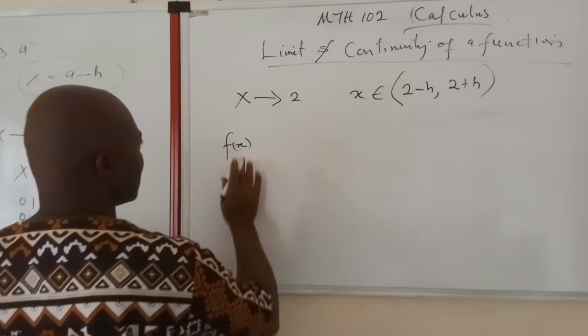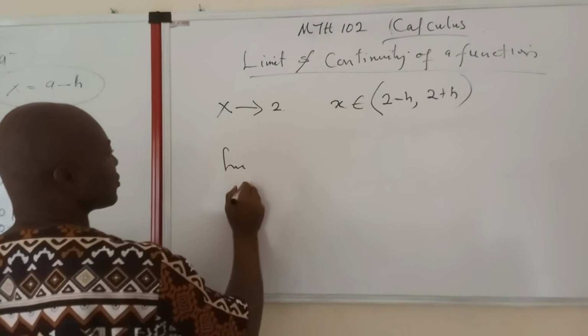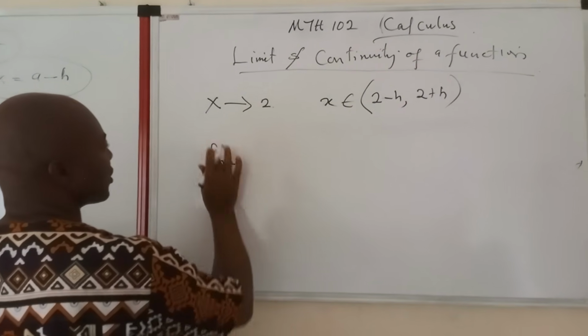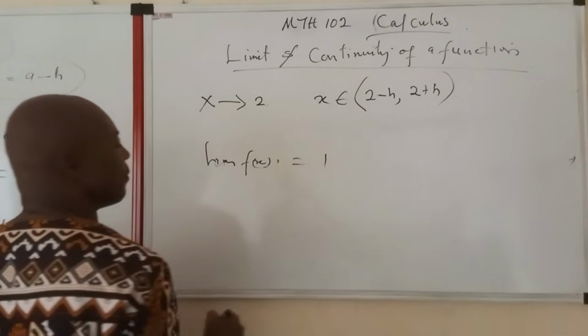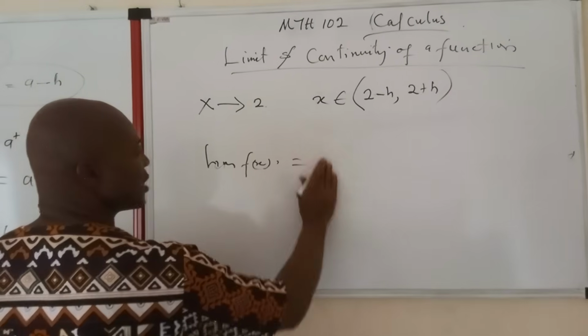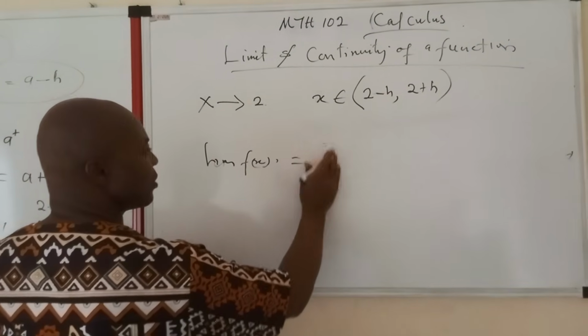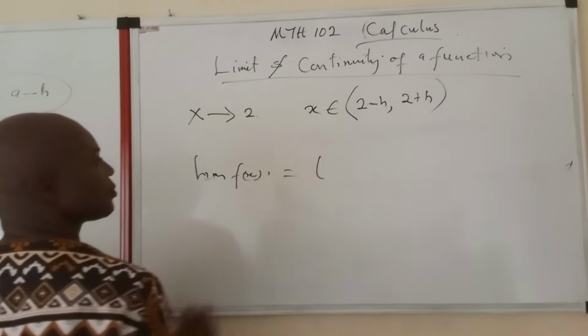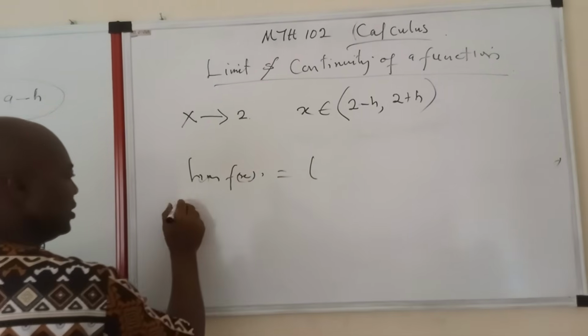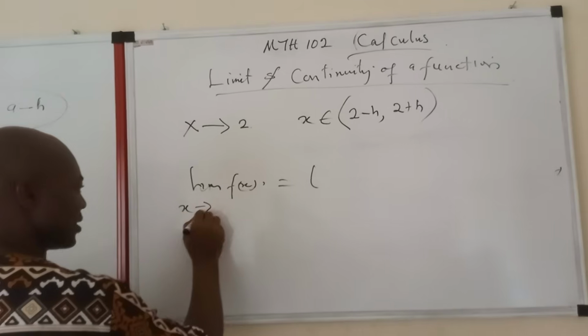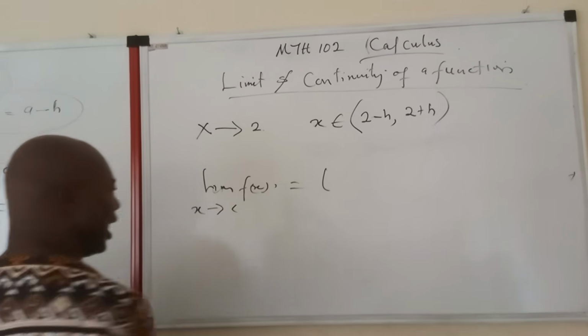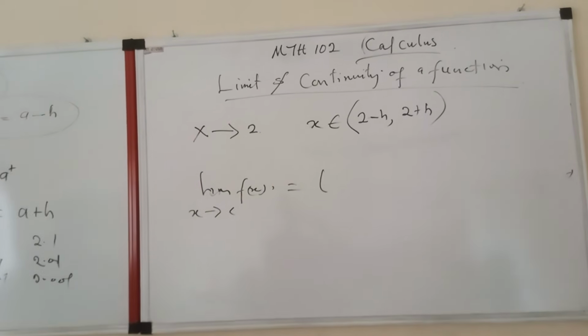Let me write it. The limit of a function, say f of x, is a number. Let me call that number L. It's a number L that f of x approaches as x also tends to another number c.